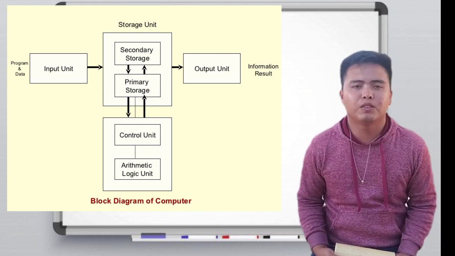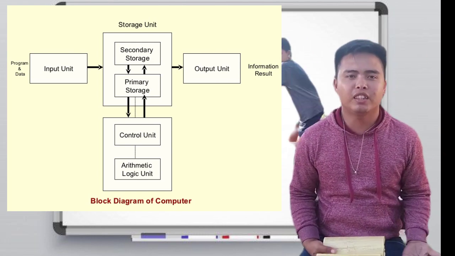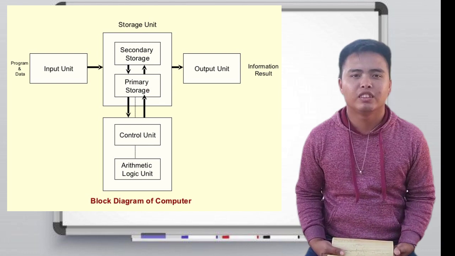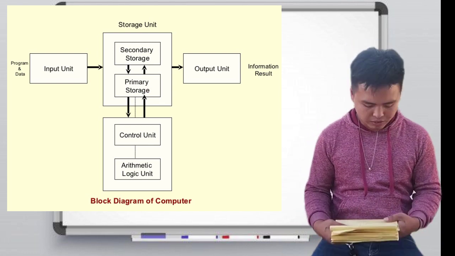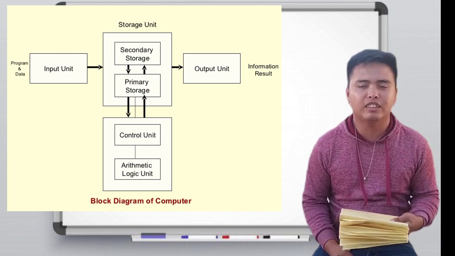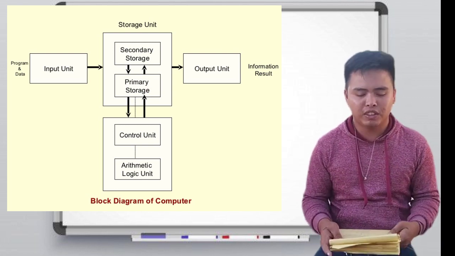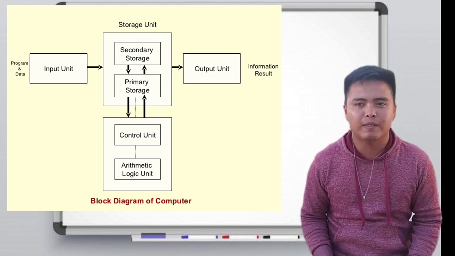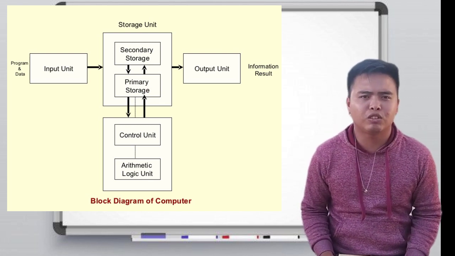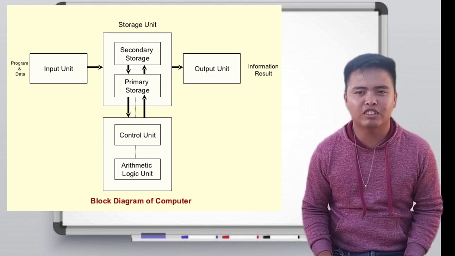This is the flow on how the system works, from data to information. First, data goes to the input unit and then to the storage unit. The storage unit has two parts, the secondary and primary units. First, it goes to the secondary, then to the primary, and down to the CPU.